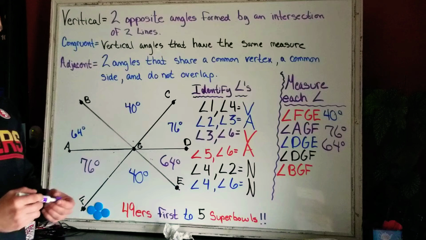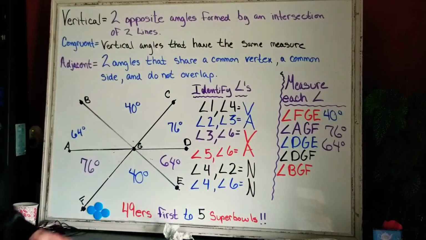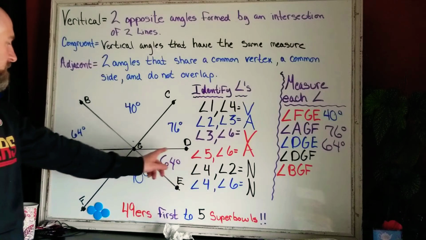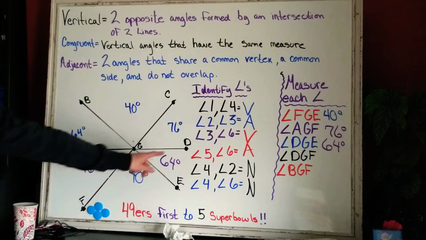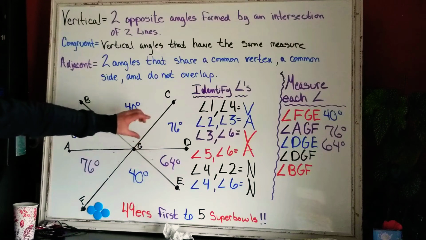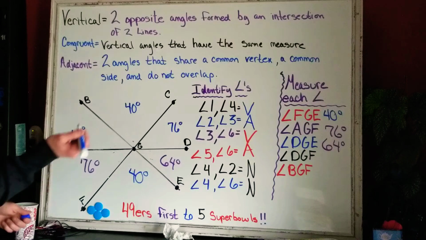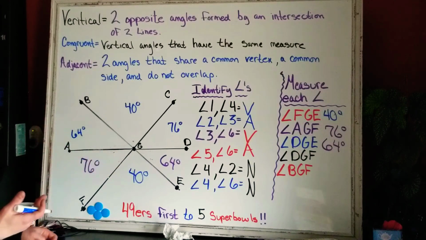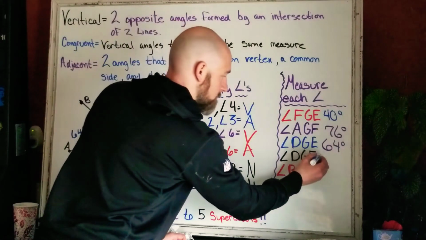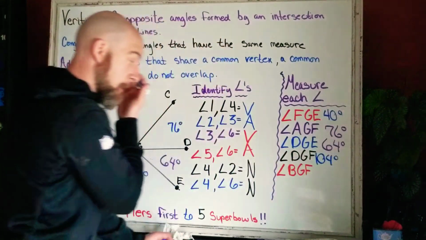All right, now you may come across some things where you need to add different angles together. So we have D, G, and F. So what's in between that? What are the adjacent numbers? We have 64 and 40. So we're going to take 64 plus 40, which will give you 104 degrees. 104.